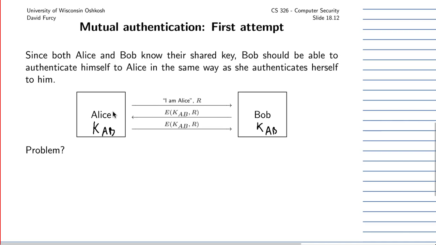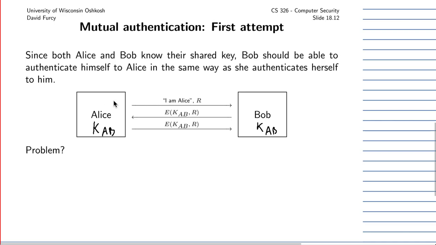Notice this is exactly what we did before. It's just the reverse. In this case, Alice is challenging Bob and Bob is responding. So in these 2 messages, Bob is authenticated to Alice because he was able to take the nonce and encrypt it, and Alice was able to decrypt it.